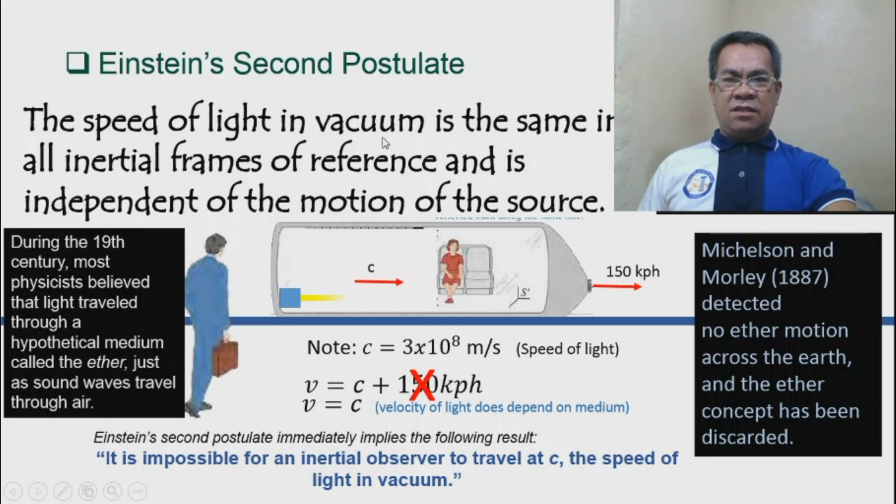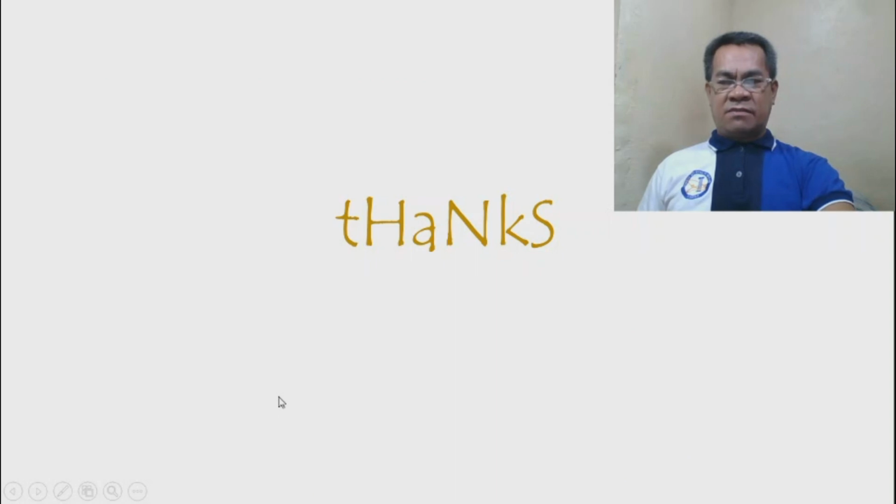Okay, so this is the basis of the special theory of relativity. When a particle is moving towards the speed of light, there must be relativistic effects. This will be our next topic. Okay, thank you for listening.